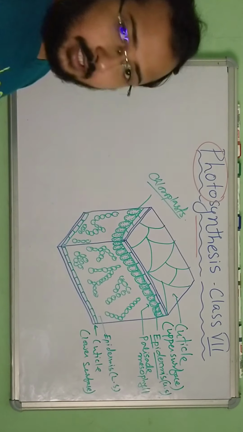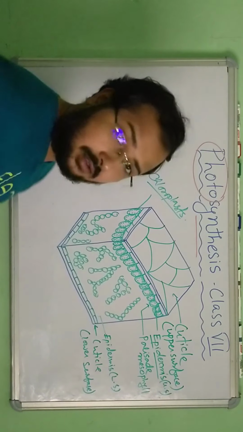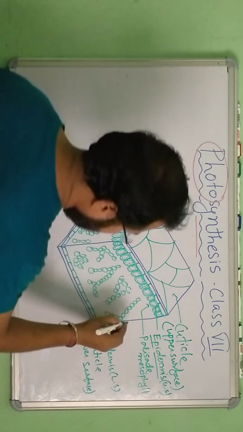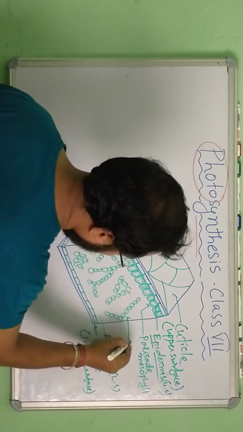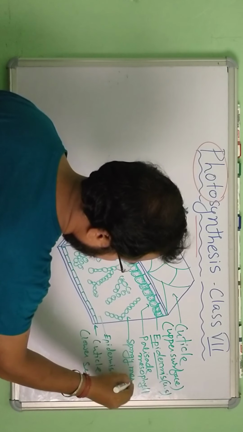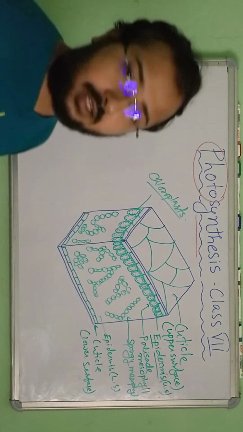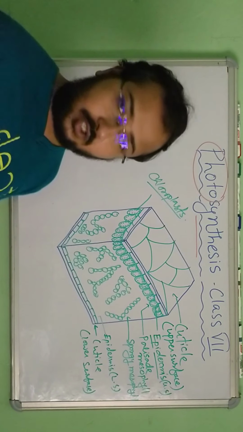There are gaps in between the cells. They are loosely packed. These are the spongy mesophyll. Spongy mesophyll. There are gaps in between. Understood?